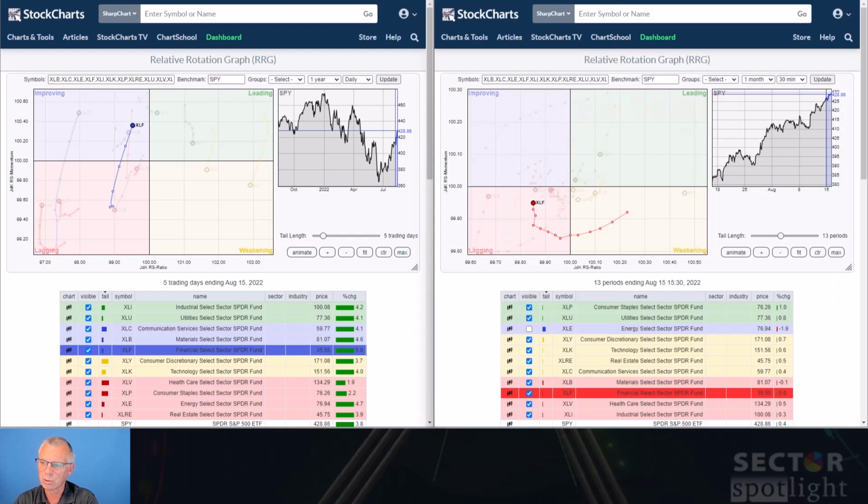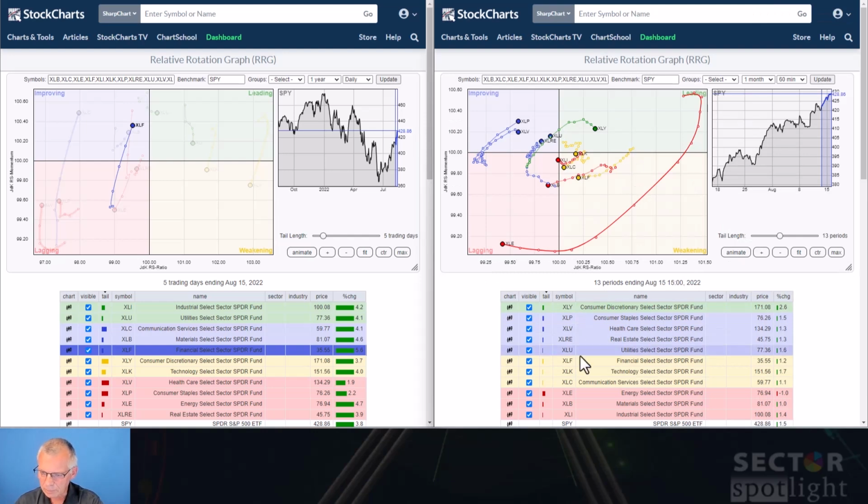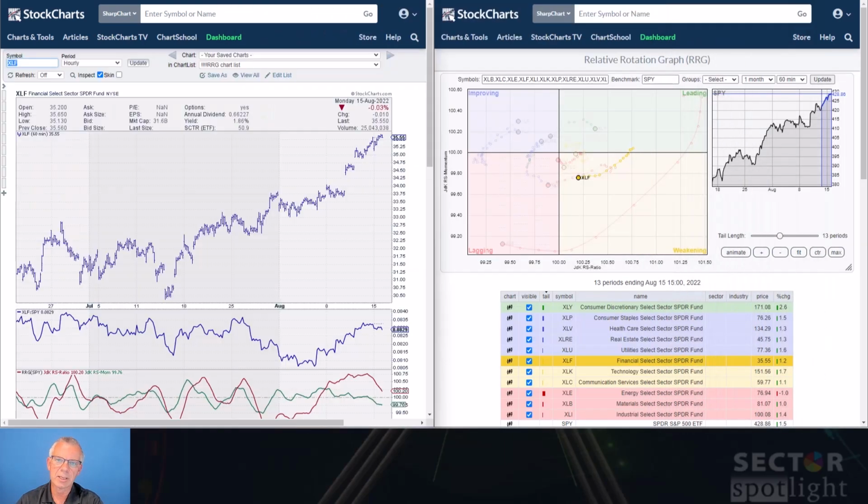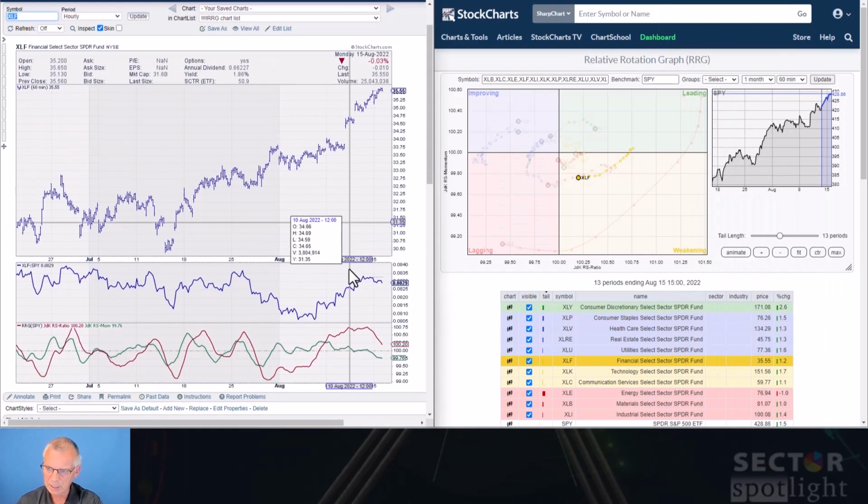That's what we saw on this RRG here, where XLF is now inside weakening. Let me put this on the other side so it makes more sense for you to see. And you can see that we're at 100.2, which is right there, and 99.76, which is right there.